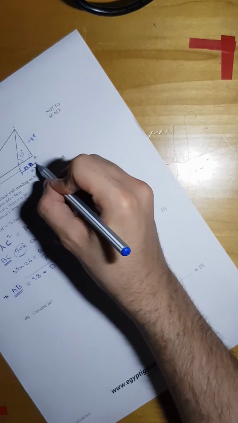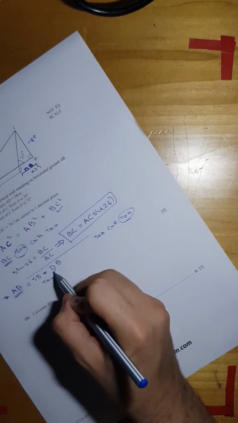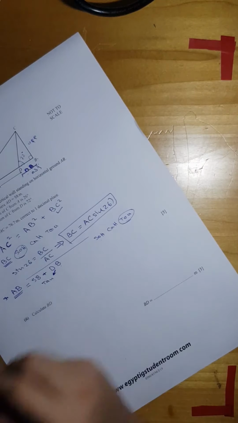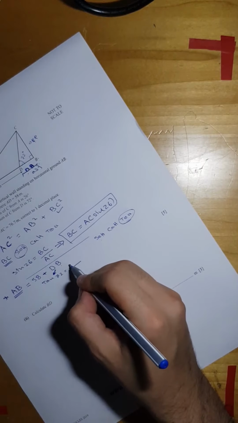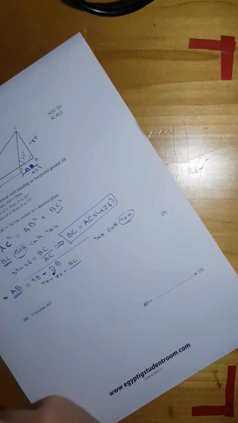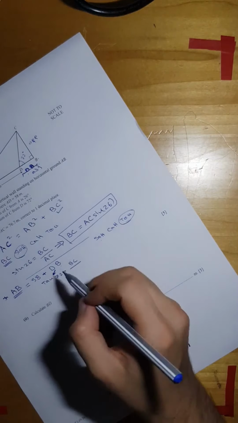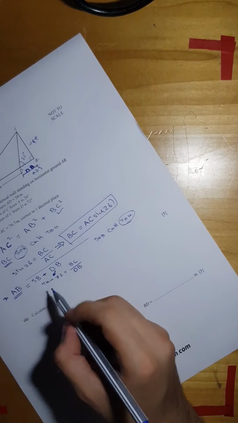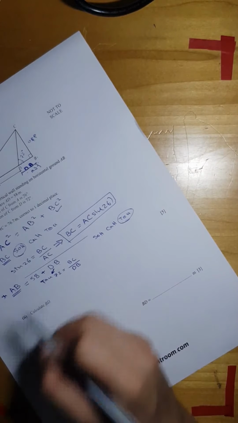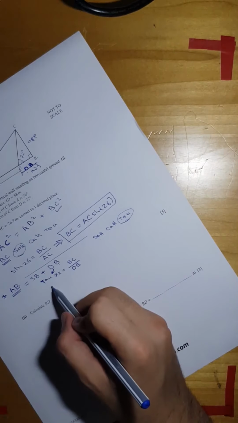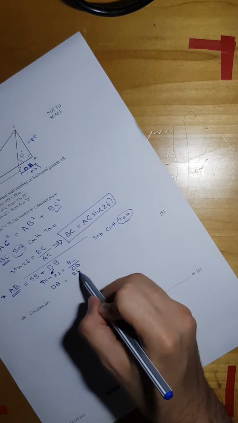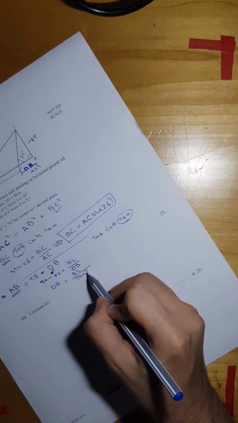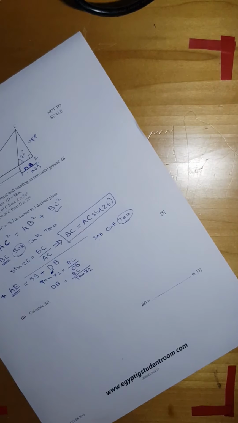We're finding BD now, so tan 72 equals opposite, which is BC, over the adjacent, which is DB. Okay, now DB equals BC over tan 72, right?